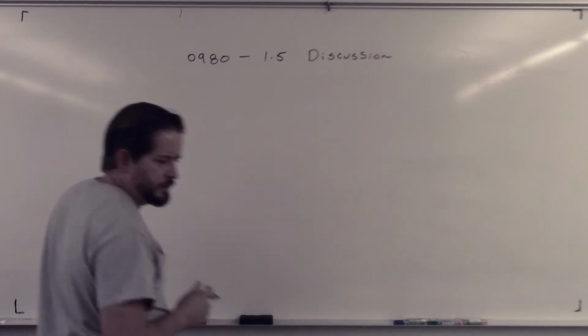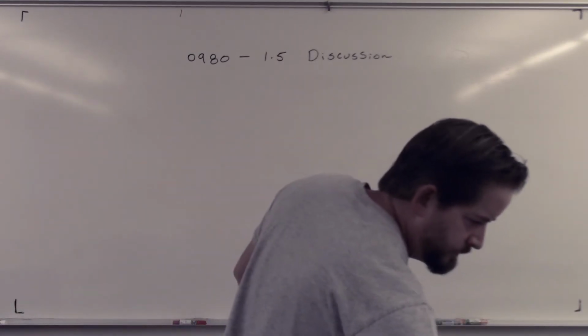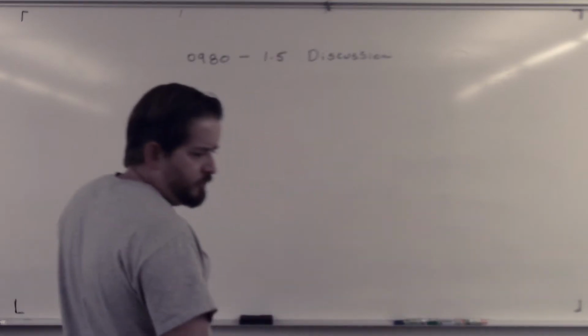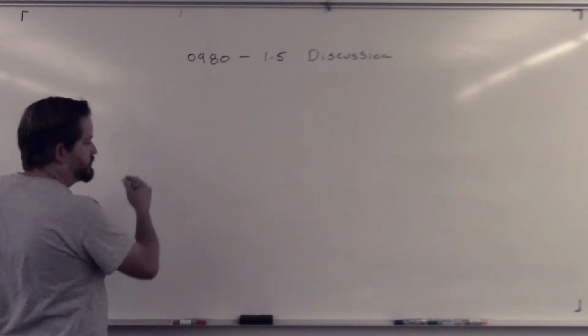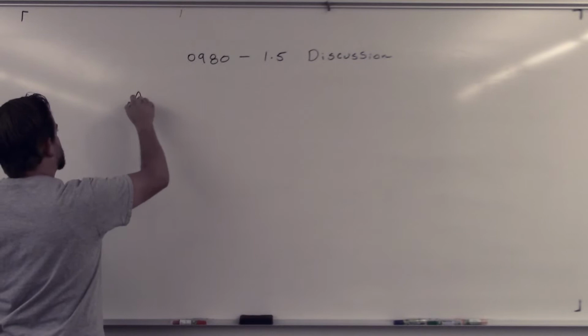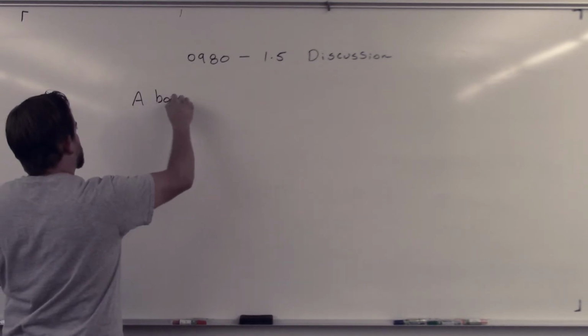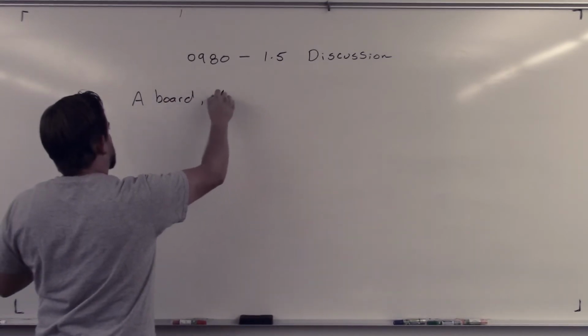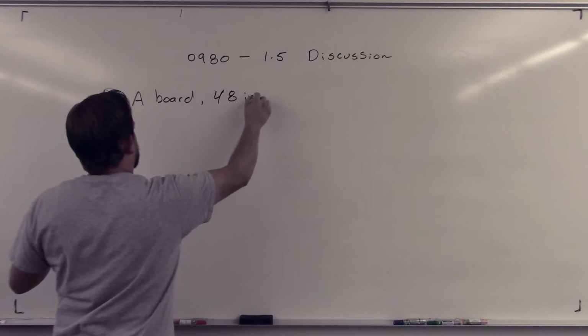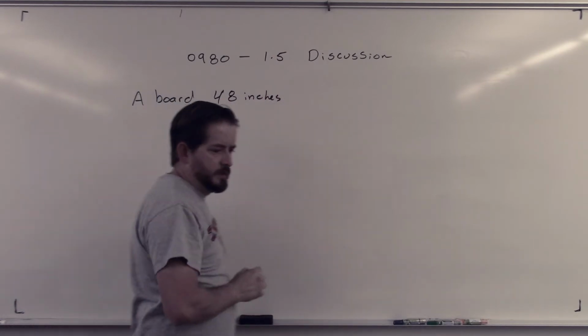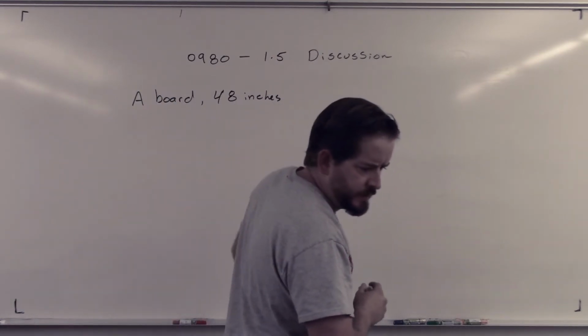Let's look at number 4. Number 4 says a board initially 48 inches long is cut into two.